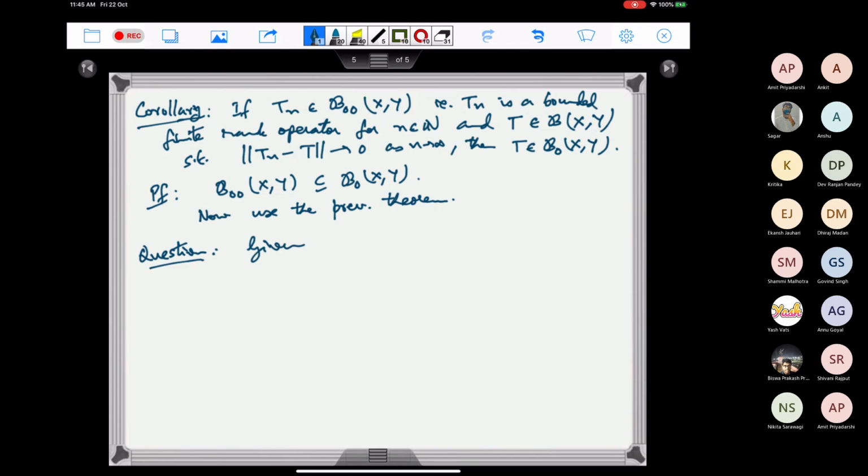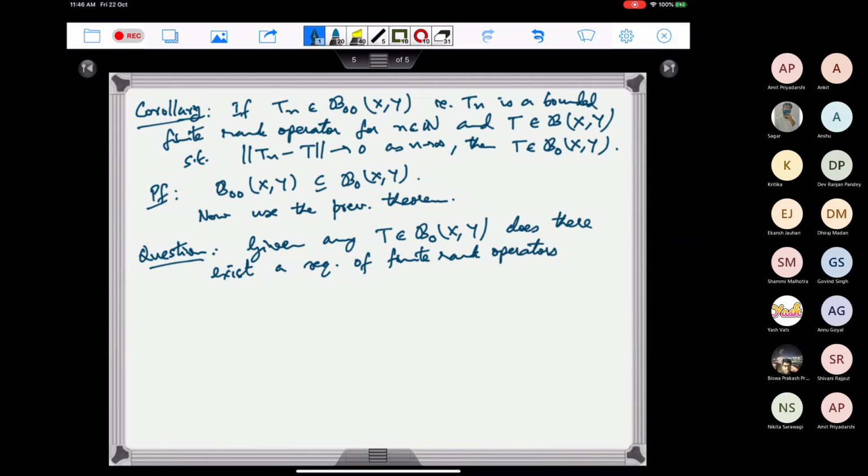Given any T belonging to B0(X,Y), does there exist a sequence of finite rank operators Tn in B00(X,Y) such that norm of Tn minus T goes to 0?